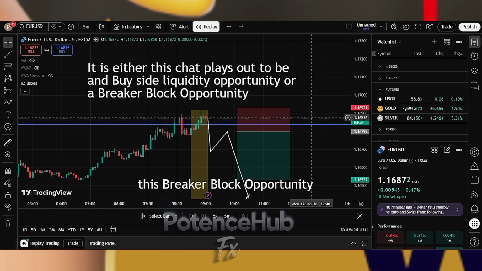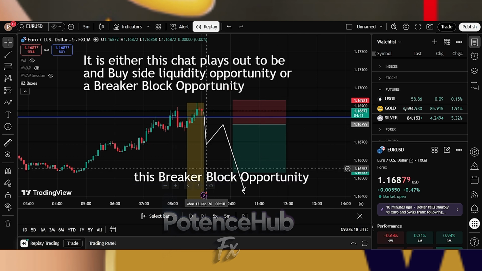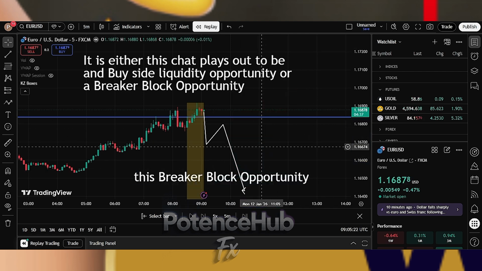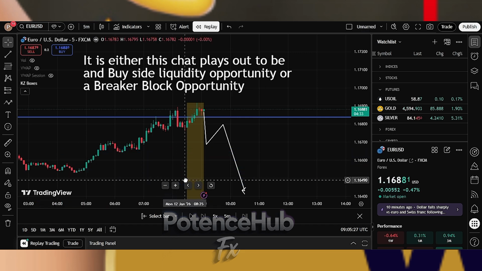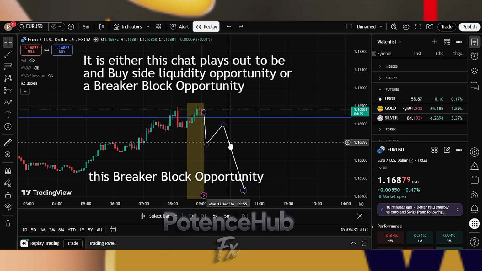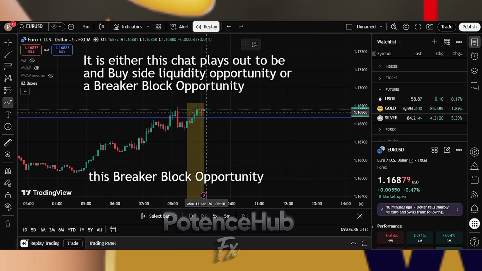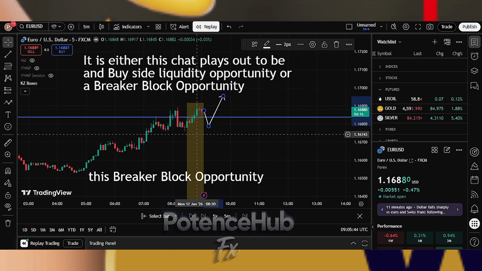All right, so it is either this chart plays out, like I said, either it plays out the two opportunities. I'm through with that. Now the other opportunity is that it is also going to give us a continuous bullish trend, and this bullish trend continuity is going to look like this.